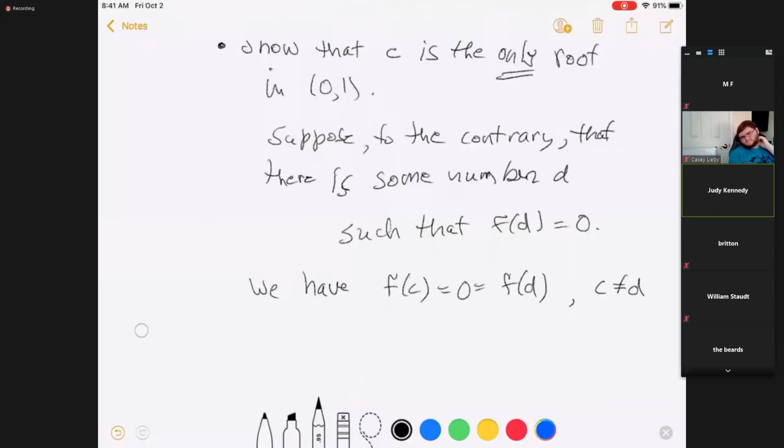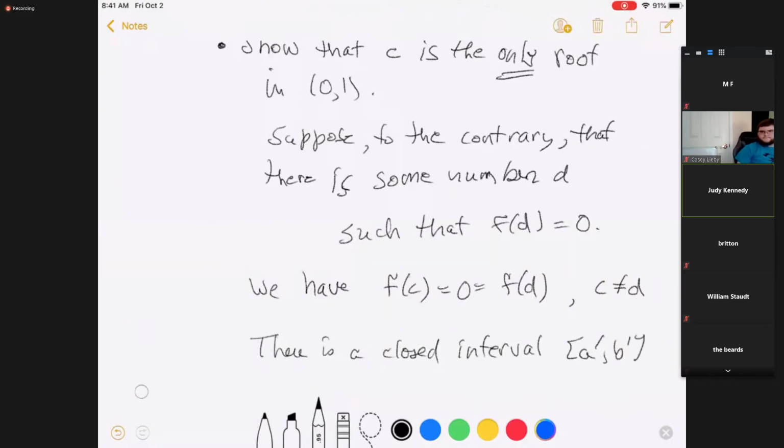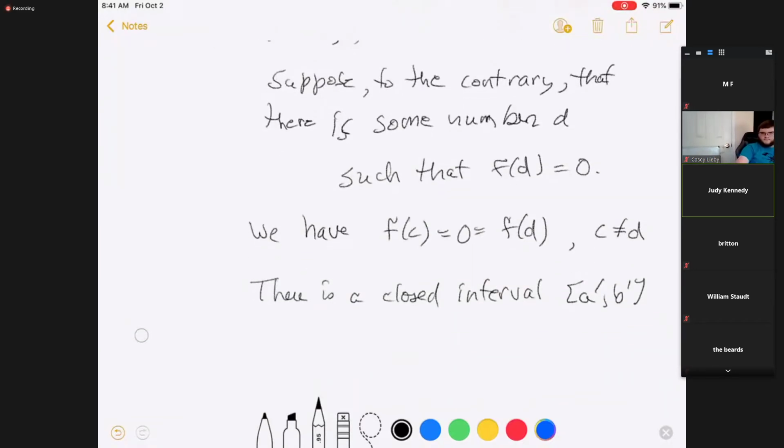All right, but there is a closed interval, I'll call it a prime, b prime, that contains 0, 1, c, and d. In fact, if it contains 0 and 1, it's got to contain c, but I don't know where d is.